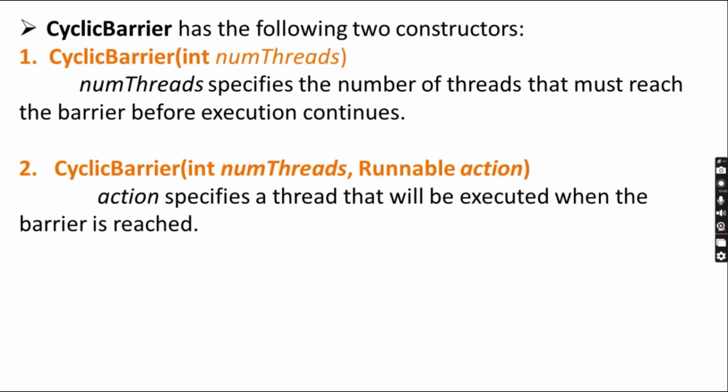Two constructors are provided: CyclicBarrier(int numberOfThreads), and CyclicBarrier(int numberOfThreads, Runnable action).